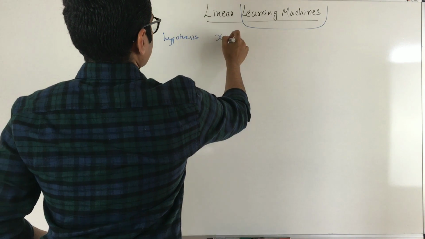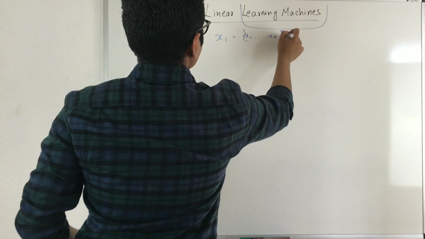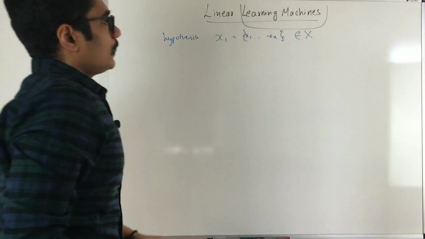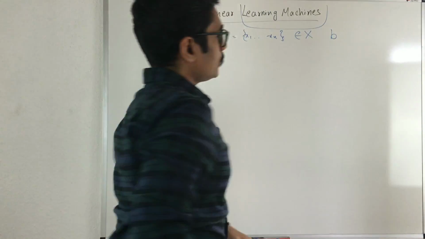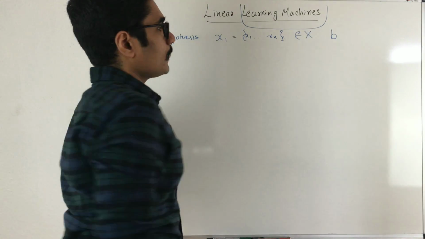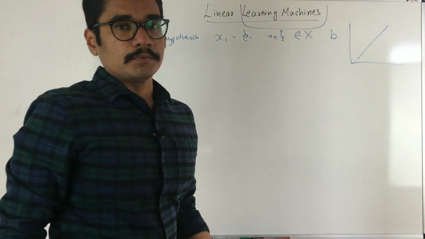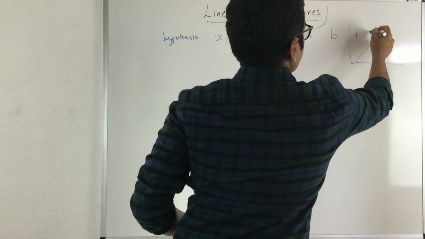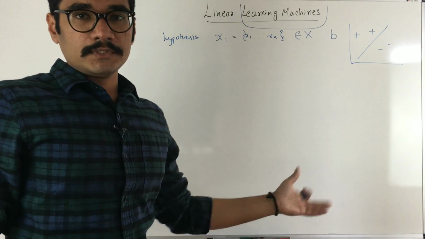Say you have x ranging from x1 to xn, belonging to some set, and after this it will have some constant or y-intercept, and it essentially makes a classification, probably in 2 dimensions, something like this, where you have the positive and negative instances very much separated.